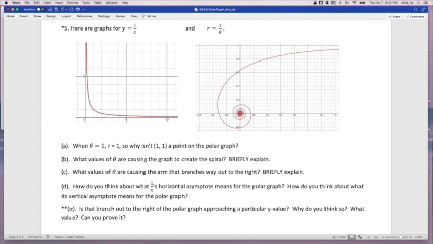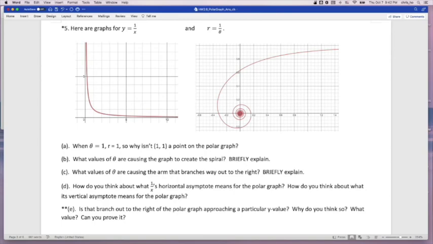Okay, let's talk through the last question. So we all know what the reciprocal function looks like, y equal to 1 over x. And it turns out r equal to 1 over theta is a spiral. And it's a spiral that as theta becomes smaller and smaller, then r becomes larger and larger.